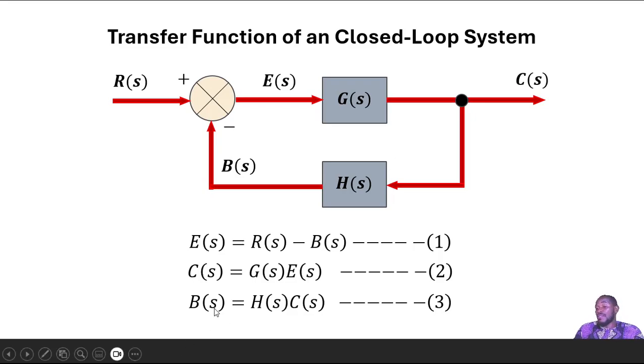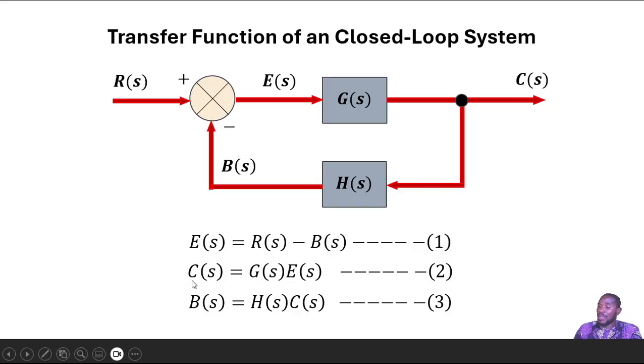Equation 3 says that B of S is H of S and C of S, right? But we know what C of S is in equation 2. So we take the value of C of S in equation 2 and substitute. Obviously, as we inspect, you'll see that there is an error signal there. And since I want the ratio between the feedback signal and the error signal, that's what to pick up.